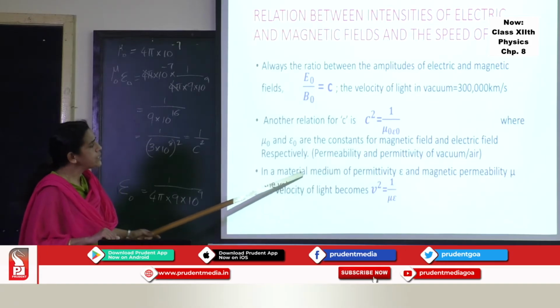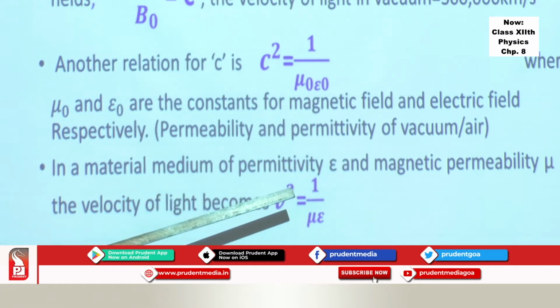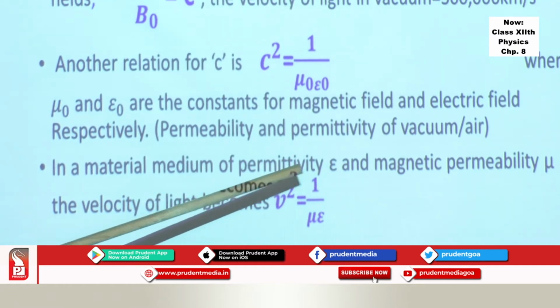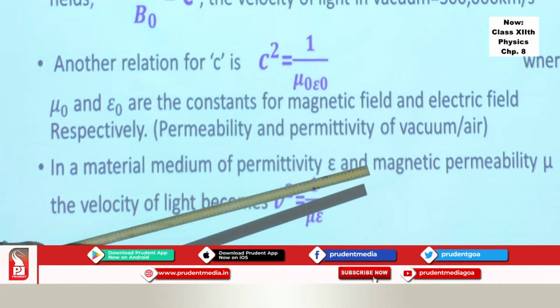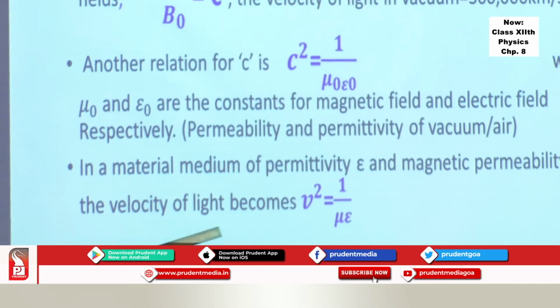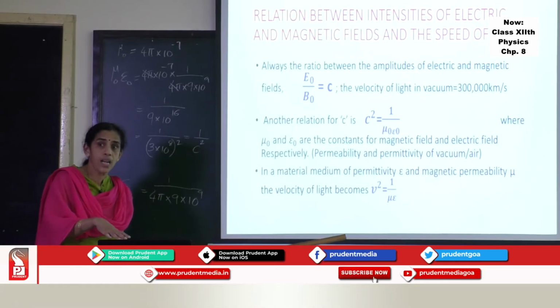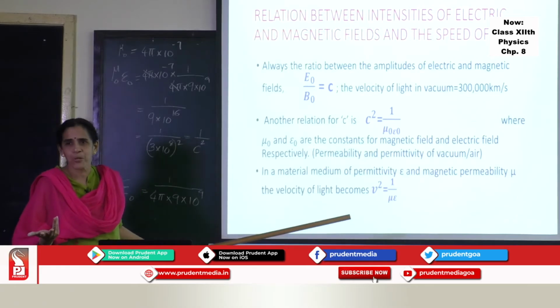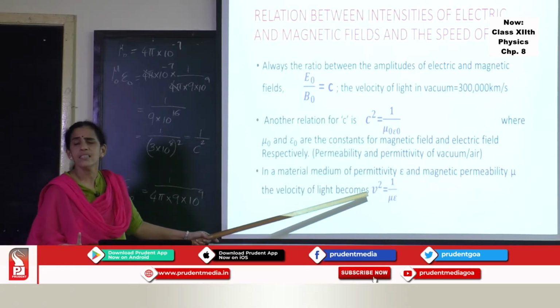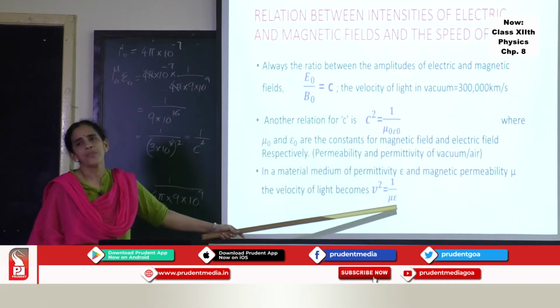Then in a material medium, rather than air or vacuum, the permittivity is epsilon and permeability is mu. The formula, you know the velocity of light in water or say in glass, it is different from that in air, no? So that is what we are writing. It will be V square equals 1 upon mu into epsilon.